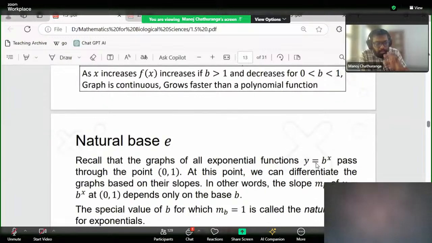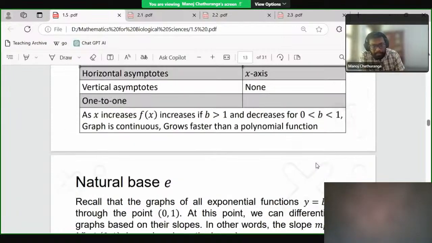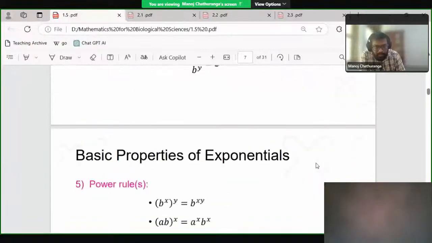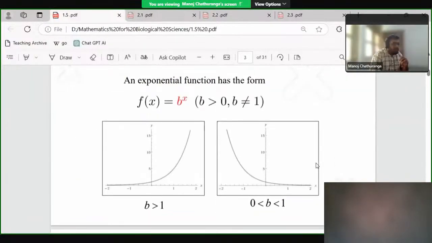Now, the exponential function we saw is a one-to-one function. If it is a one-to-one function, we know it is invertible, so there must be an inverse function for them. Using the graph of the exponential function b to the power x, remember we can deduce the graph of its inverse function.